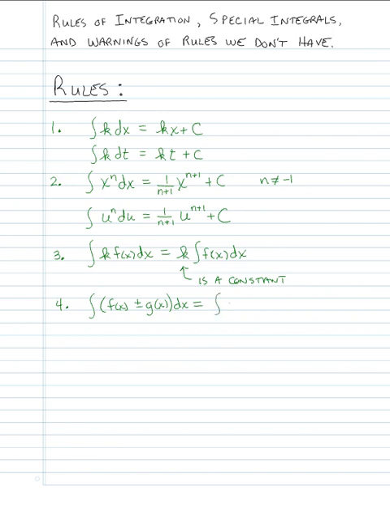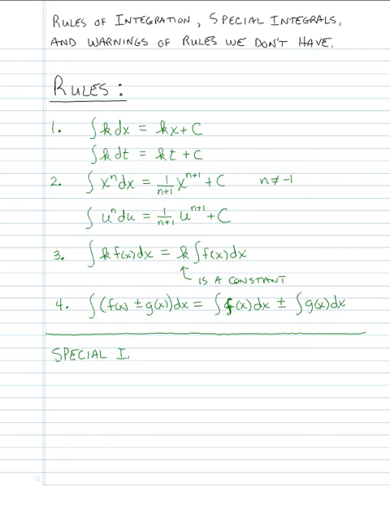That is, we take the integral of the first part, and then we add or subtract appropriately the integral of the second part. And if we had more parts, we would add and subtract appropriately the additional parts. So those are the 4 rules that we have. And then we had 2 special integrals, okay?